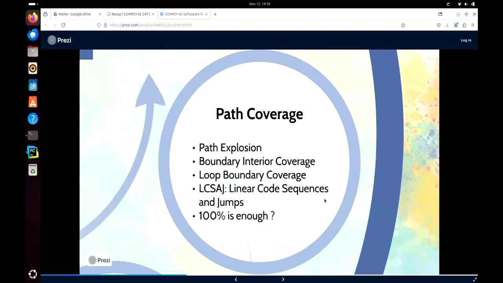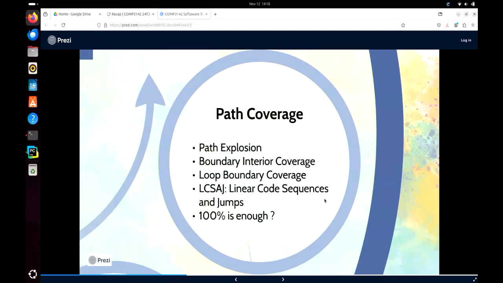So we have to handle loops with some strategies, and that's why we learned some partitioning techniques to do this. First we learned boundary interior coverage, which is related to the condition values of the loop, and then we learned loop boundary coverage, which is related to how many times we go through a loop.